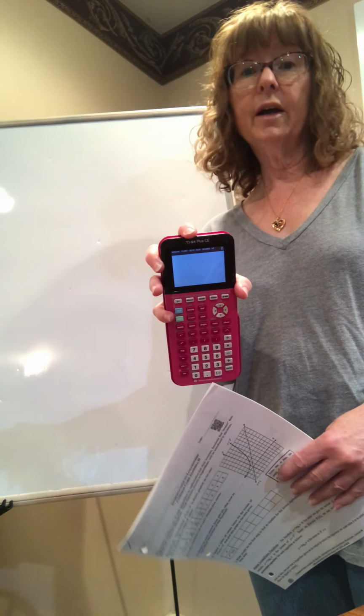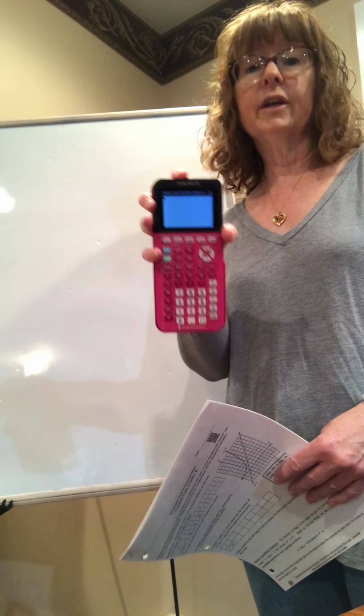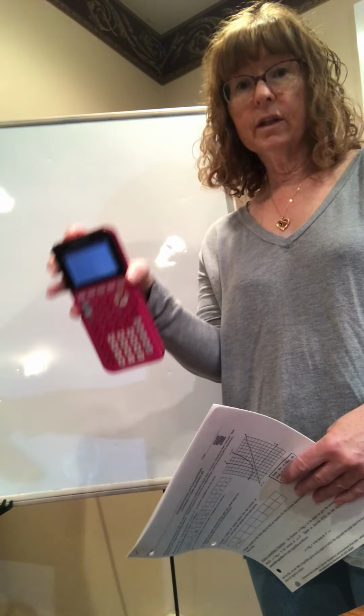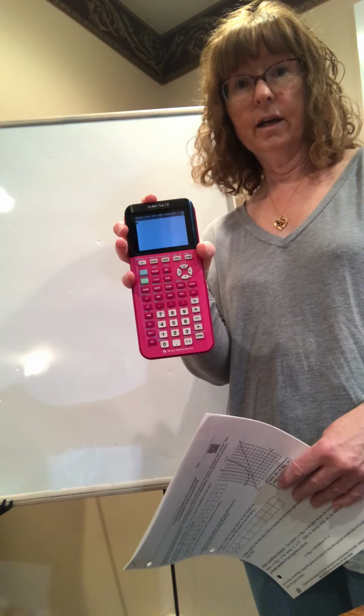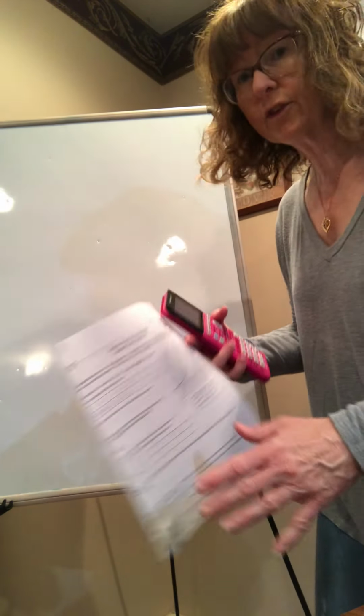So you do need a graphing calculator for logs and for exponents if you're going to see the pictures. Your calculators do have the log key, but they don't have the log base key, and we have the log base key on this. So, all right, let's get started.